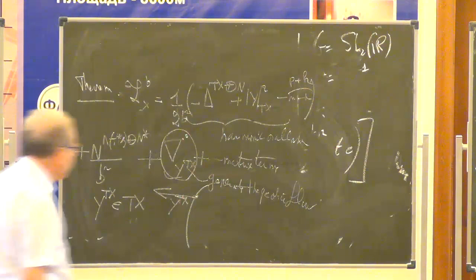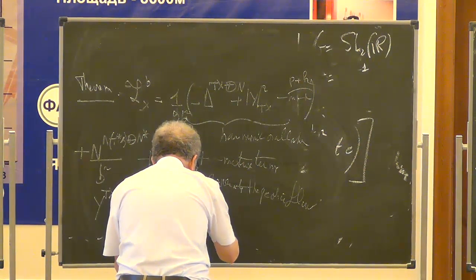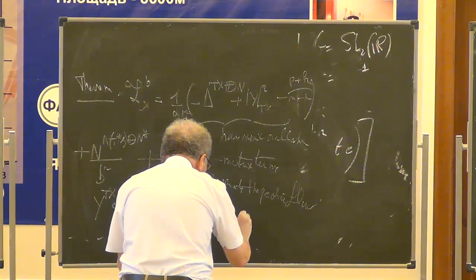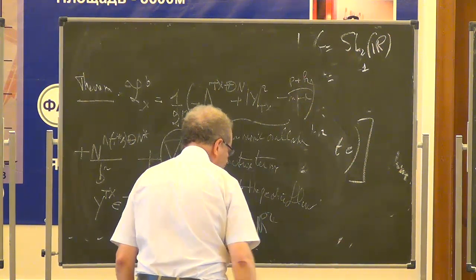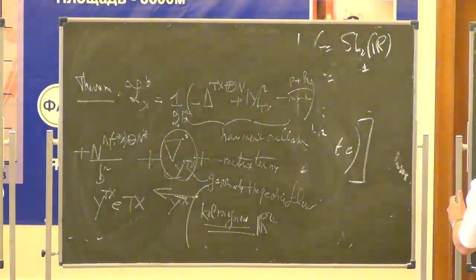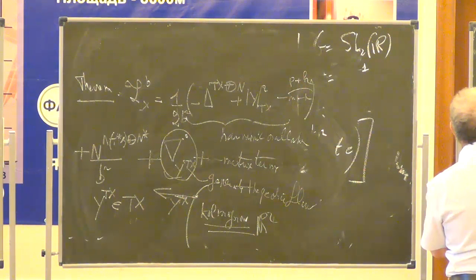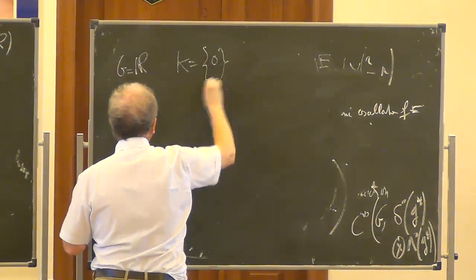Such operators were actually introduced a long time ago by Kolmogorov. Kolmogorov was just introducing operators on R2, much simpler operators. But let me state the formula in a very simple case, where we take as Lie group G equals R, with K equals 0.